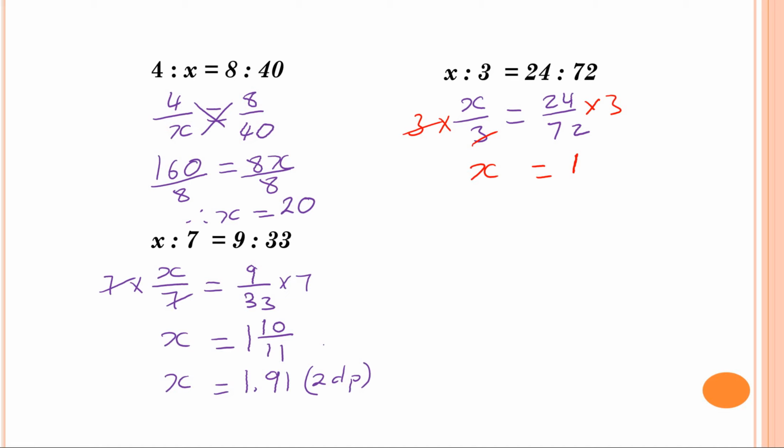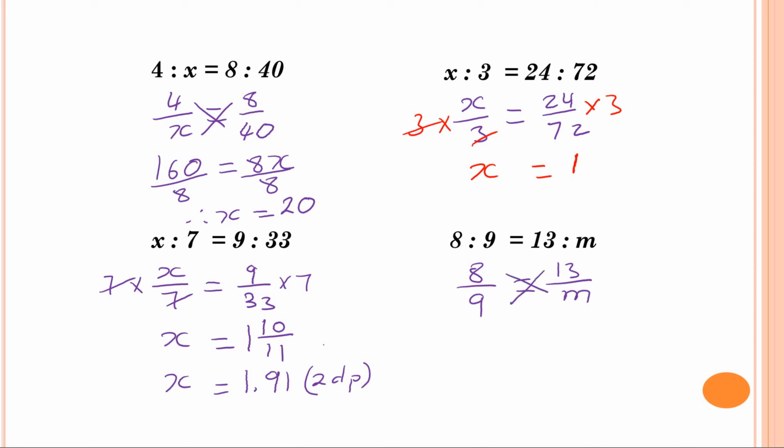Now this one here, 8 to 9 is equal to 13 to m. So step number 1, same process. This is just 8 over 9, because 8 to 9 is 8 over 9. See, it's 13 over m. Then what I do is I cross multiply.